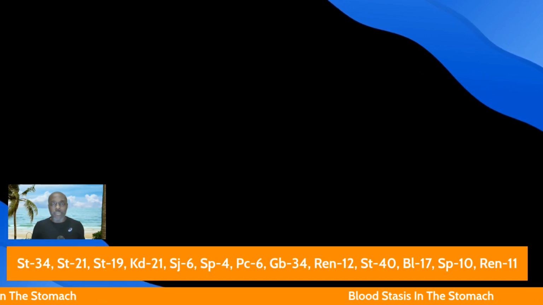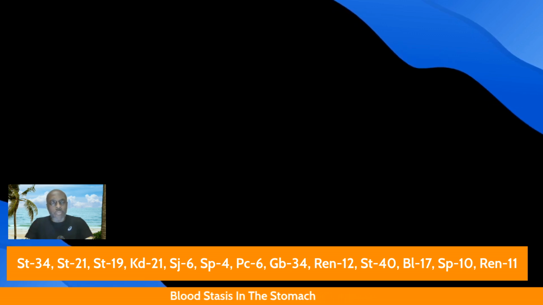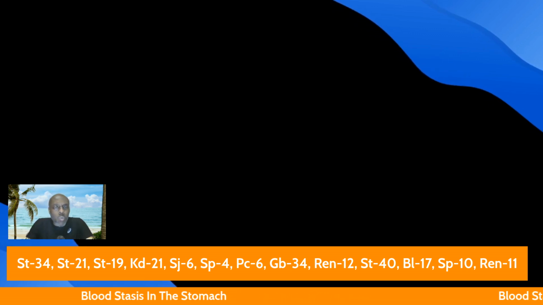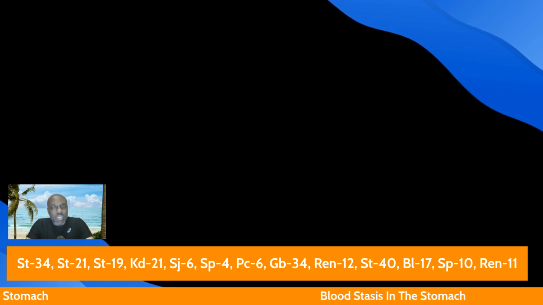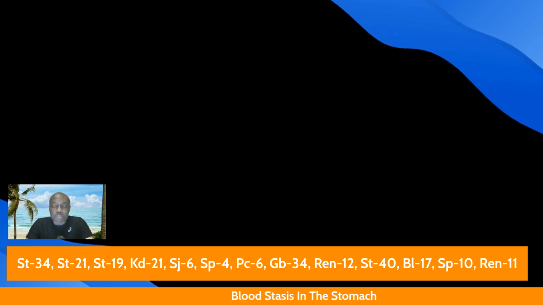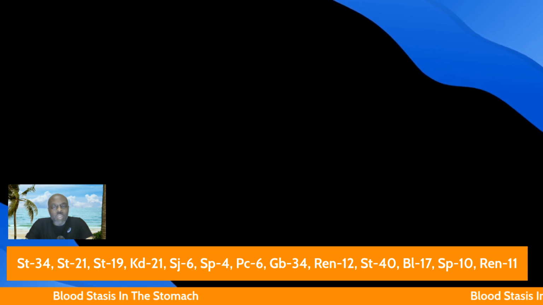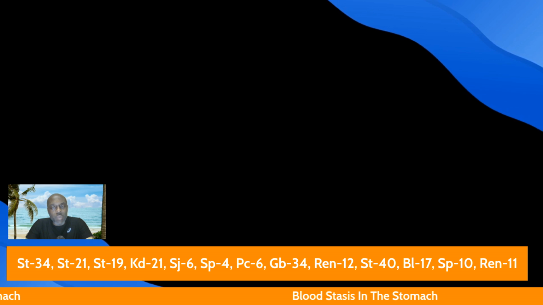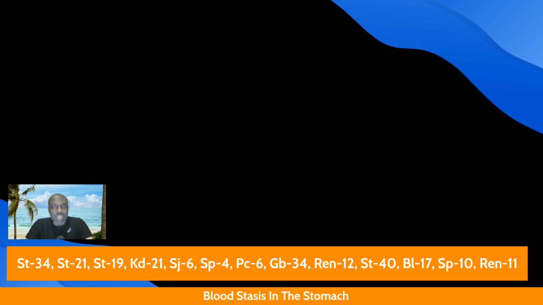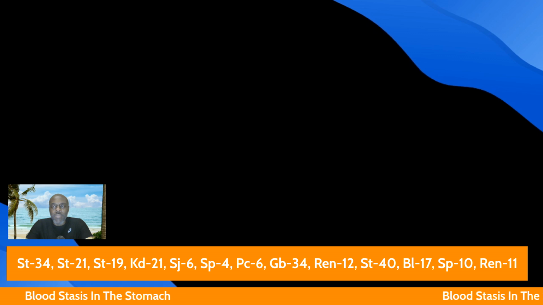The points are Stomach 34, Stomach 21, Stomach 19, Kidney 21, Sanjiao 6, Spleen 4, PC 6, Gallbladder 34, Ren 12, Stomach 40, Bladder 17, Spleen 10, and Ren 11.